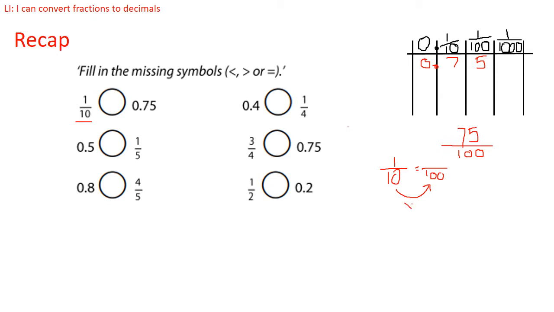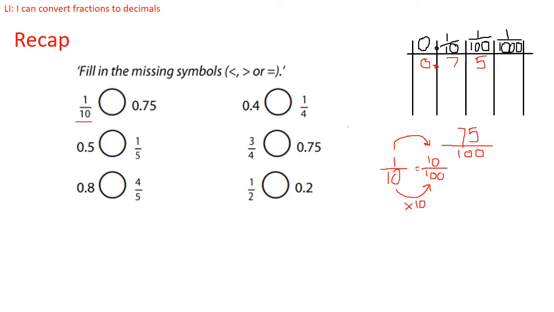Yeah, you're quite right. We times it by 10. And remember, what we do to the denominator, we also do to the numerator. So 1 times 10 is going to give us 10. Now we've got two fractions with the same denominator, and we can now compare them. So which is greater?